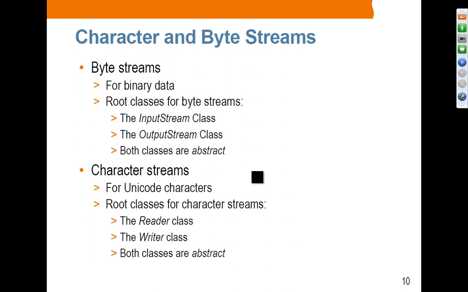The root classes for byte streams are the InputStream class and OutputStream class, and both classes are in fact abstract classes. For character streams that pass Unicode characters as the data type, the root classes are the Reader class and Writer class. And again, these two classes are abstract classes.